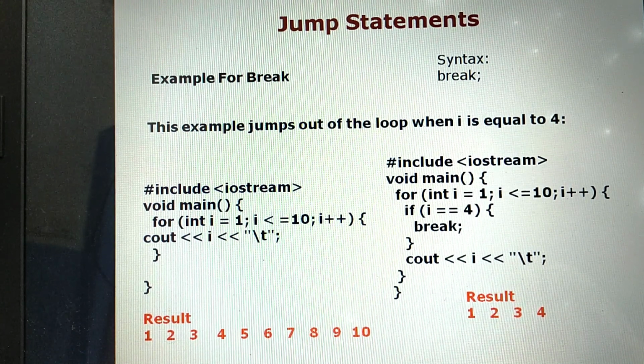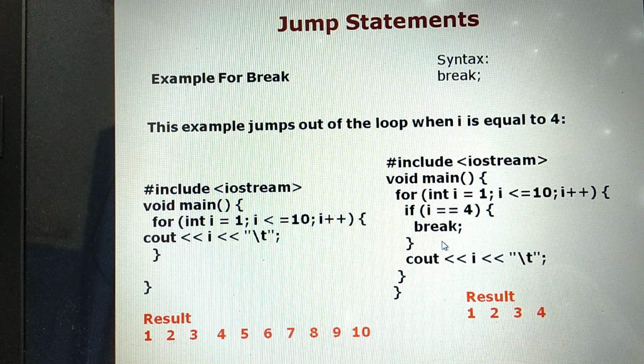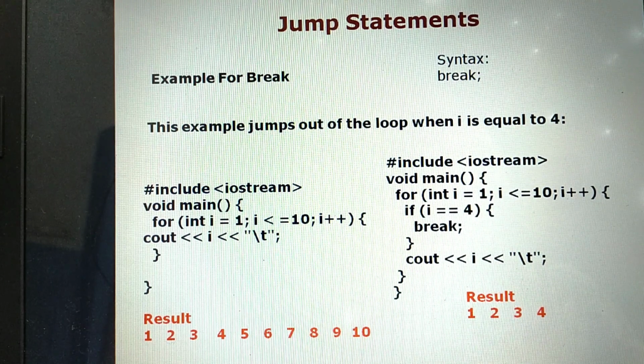This means that if i is equal to 4, the break statement terminates the loop. When the value of i is equal to 4, break will terminate the loop. Hence, the output does not include the values greater than or equal to 5.